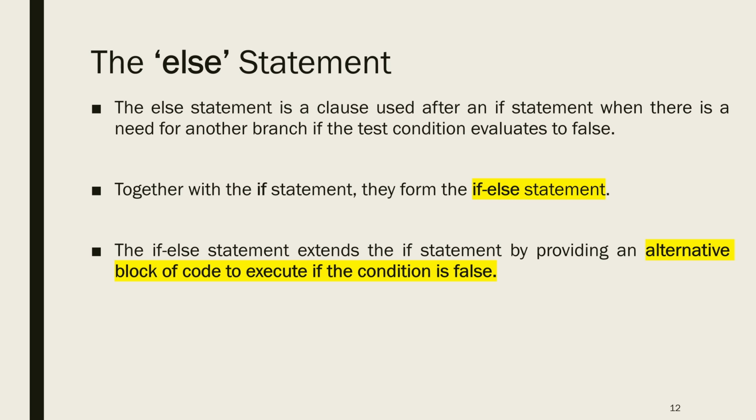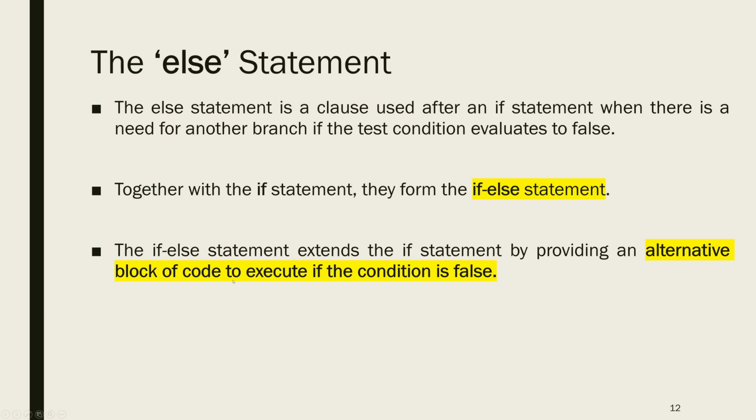So the else statement is used after an if statement when there is a need for another branch if the test condition evaluates to false. So together, if you put the if and the else together, we get what we call the if-else statement. So that's where the if-else statement comes from.